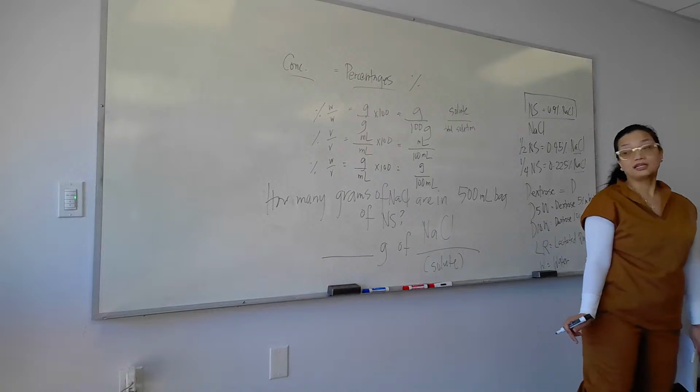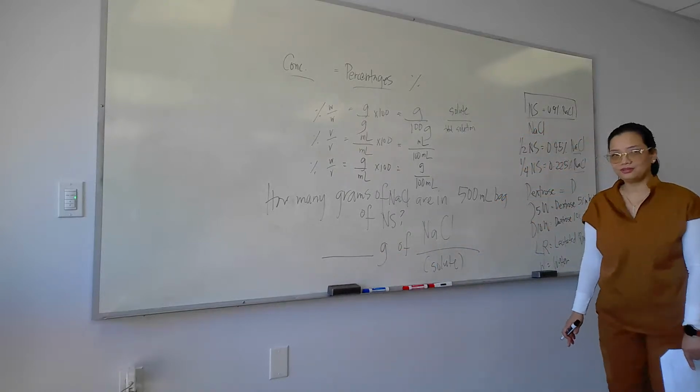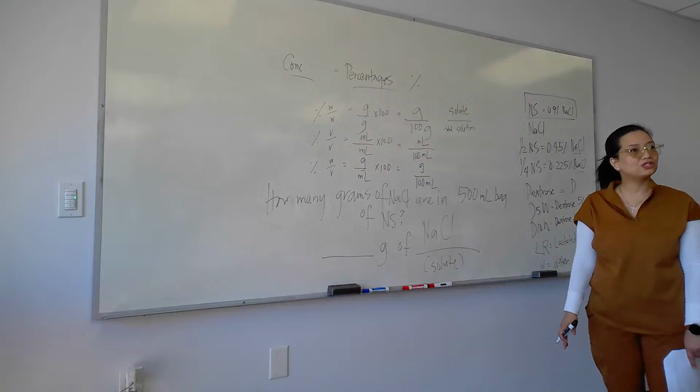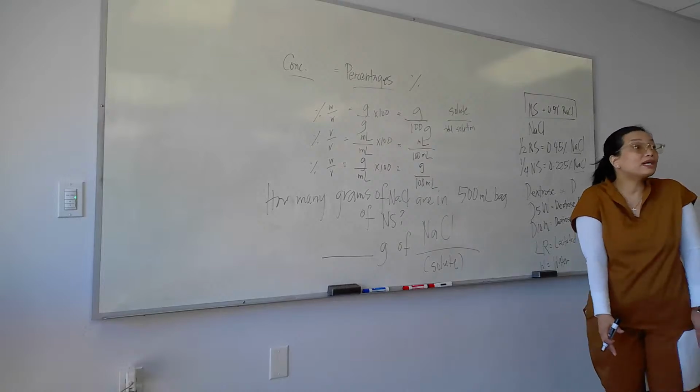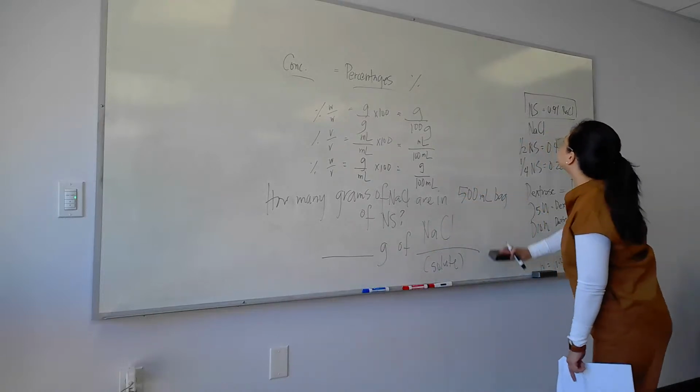Is that clear? Okay. So now we have to calculate this. What do we do? Can we do ratio and proportion? Yes, that's the best way, I think. And how do we do that? This is how we do it.